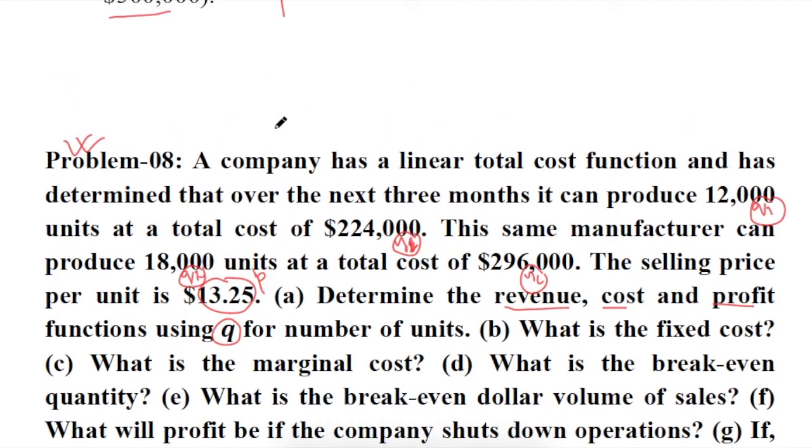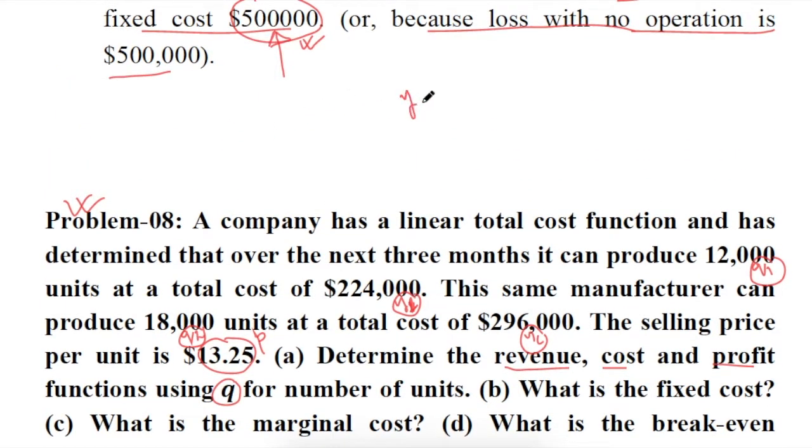And the cost function, we need to use this formula, y minus y1 equals m into q minus q1, and here m equals (y2 minus y1) divided by (q2 minus q1). So 296,000 minus 224,000 divided by 18,000 minus 12,000.